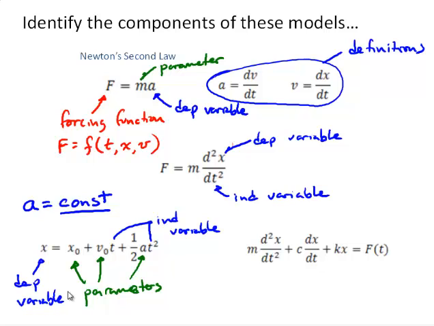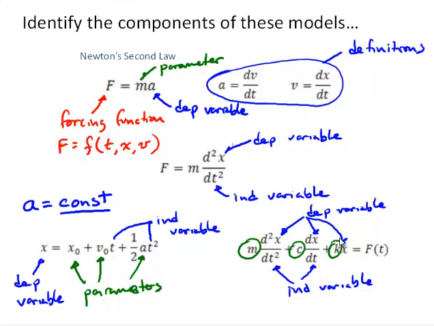Similarly, for the vibration model, x is again our dependent variable. Time is our independent variable. And we have some parameters. M, C, and K are parameters. And F is a forcing function.